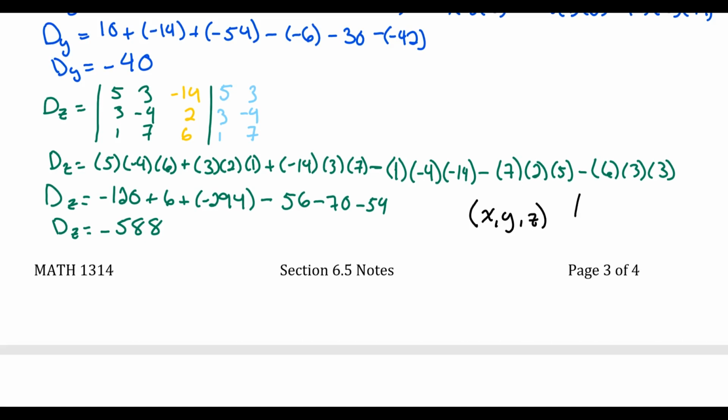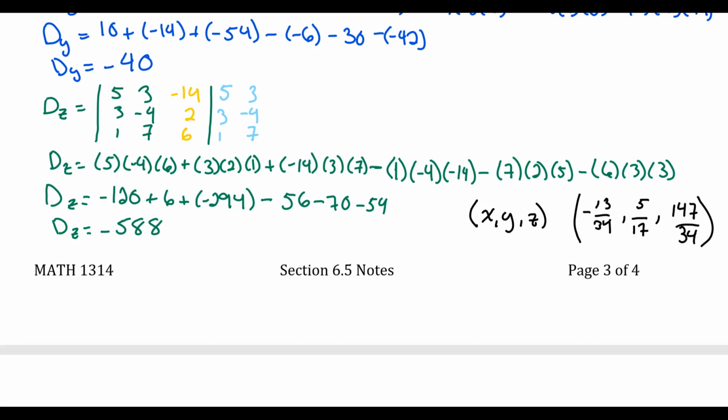Okay? So in our case, it is a -13/34, 5/17, 147/34. Not 36, 34. So let me make sure that I put 34 there. This is my solution.